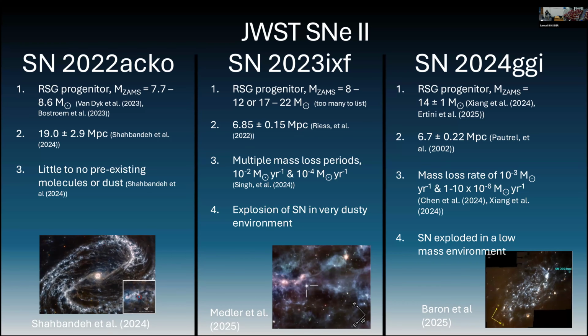In addition, the progenitor of 2023ixf went through multiple epochs of significant mass loss prior to its explosion, creating a very thick CSM surrounding the progenitor. And then finally, we have 2024ggi, which was a more typical type 2 supernova with only a single epoch of mass loss just prior to its explosion.